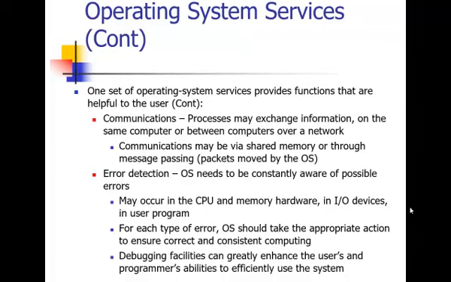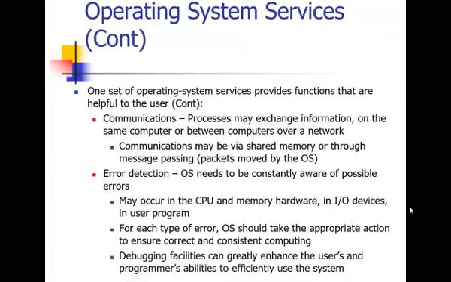Then error detection. Operating systems may go through a number of different types of errors. For example, application level errors, when an application fails to execute, or process level errors, or hardware errors. Like this, there can be different levels of errors that have to be handled by an operating system.